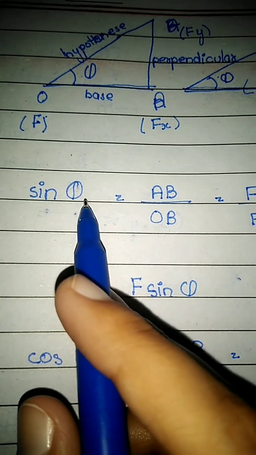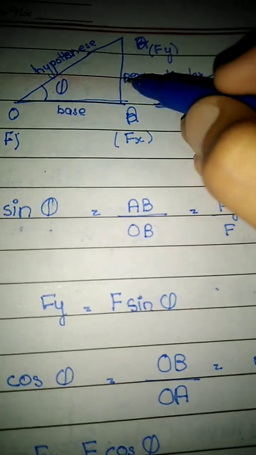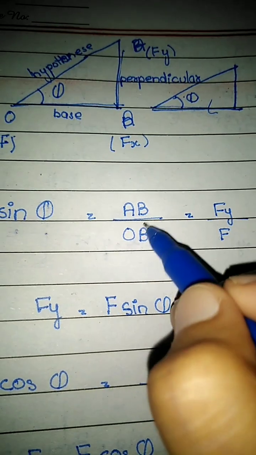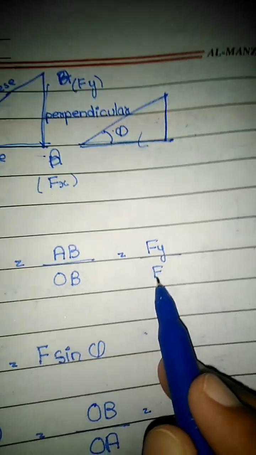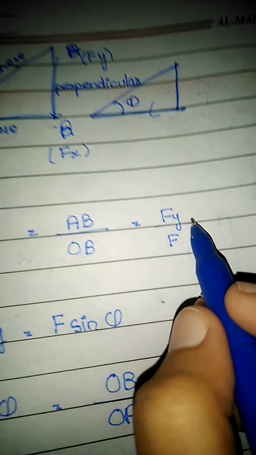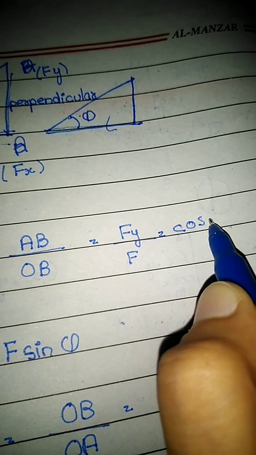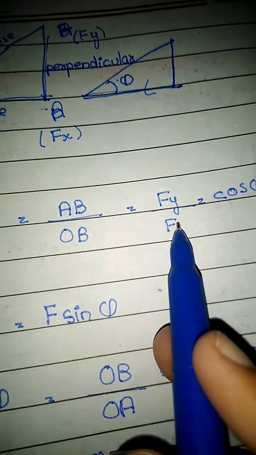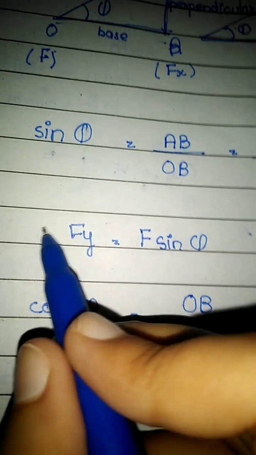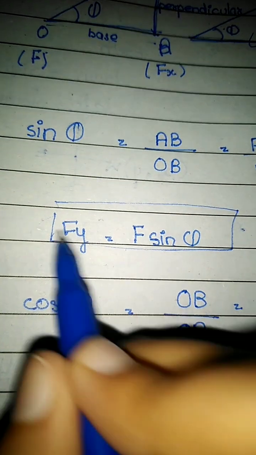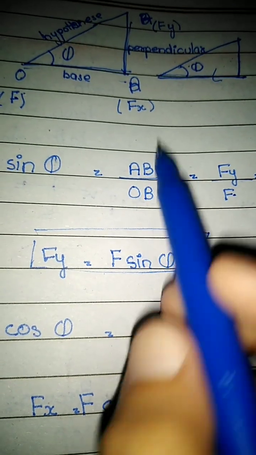First of all, sine theta is equal to AB over OA, which is Fy divided by F. Now we make it equal to sine theta, and F multiplying on this side after dividing on the other side gives the equation to find Fy: Fy is equal to F sine theta.